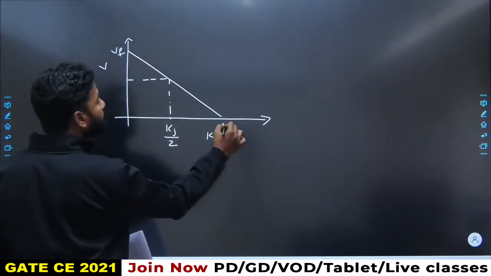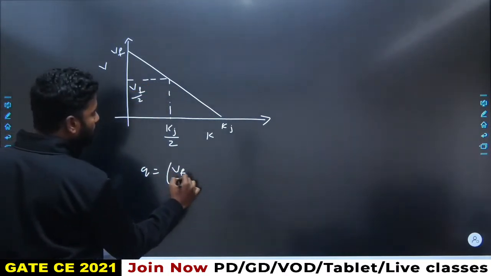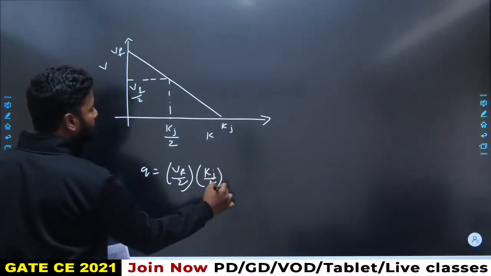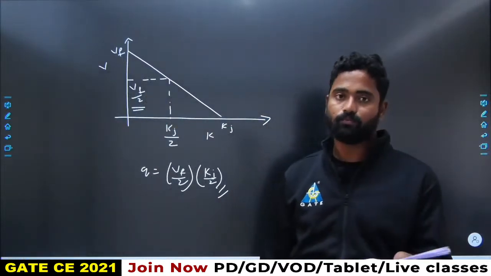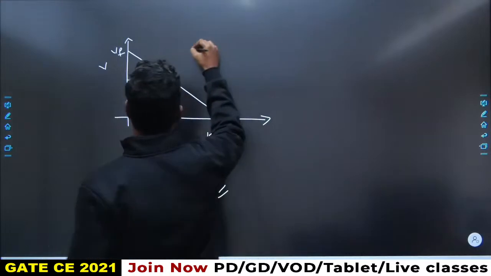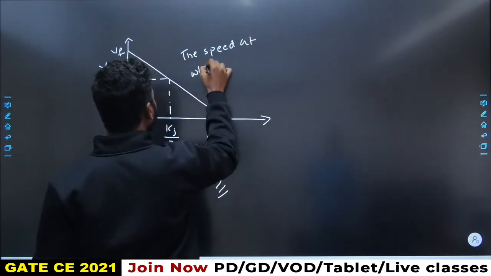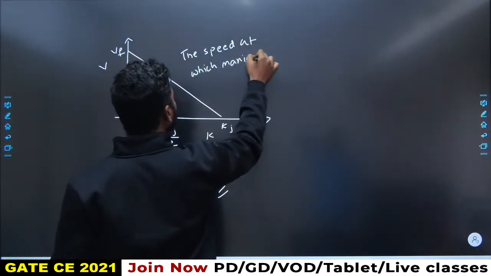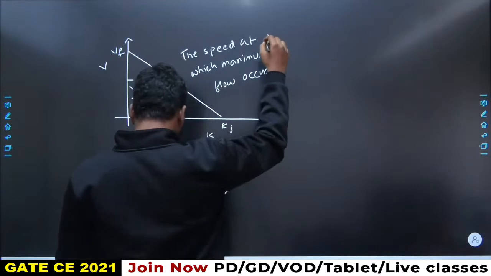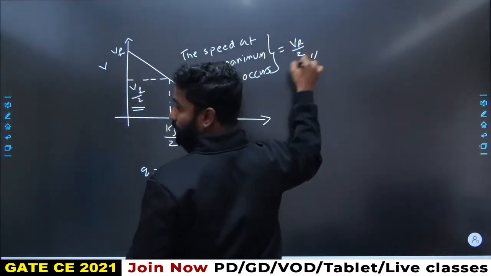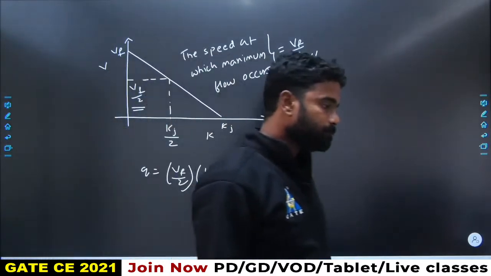Maximum volume you will get at V equal to Vf by 2. So the speed at which maximum flow occurs is Vf upon 2. Fine, so this is one type of problem.